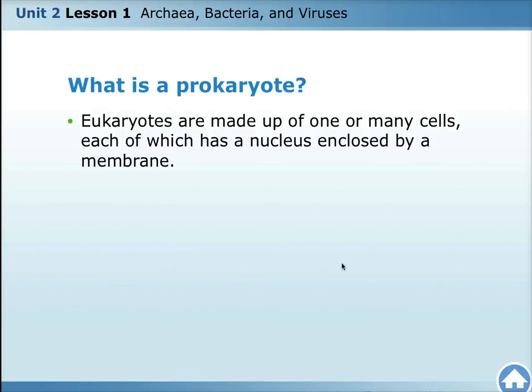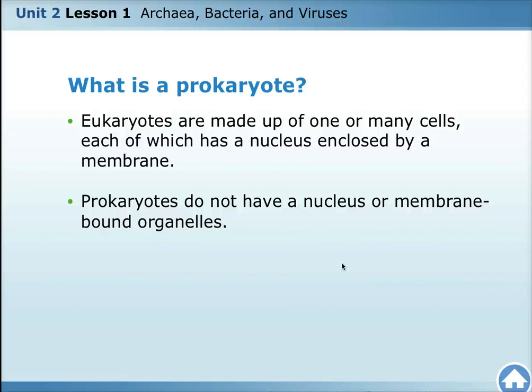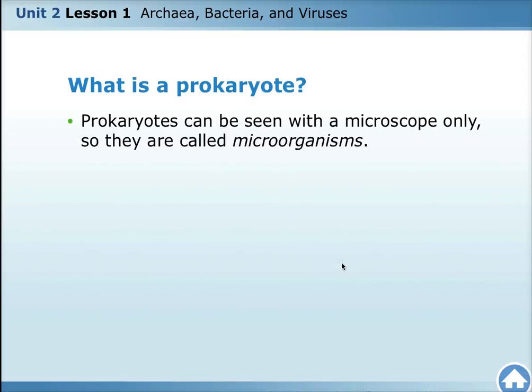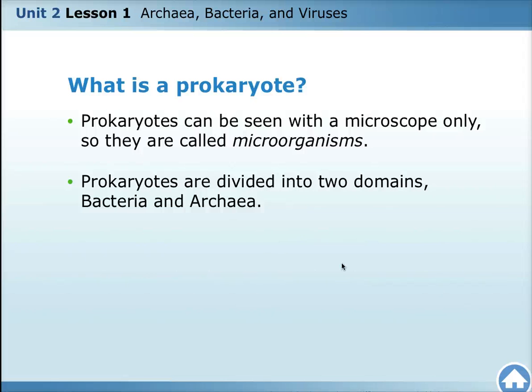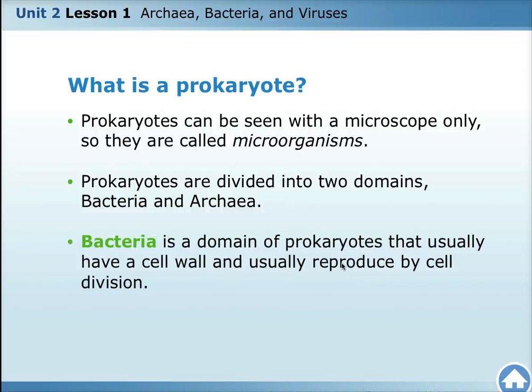Eukaryotes are made up of one or many cells, each of which has a nucleus enclosed by a membrane. Prokaryotes do not have a nucleus or membrane-bound organelles. Almost all prokaryotes are single-celled. Prokaryotes can be seen with a microscope only, so they're called microorganisms. Prokaryotes are divided into two domains, bacteria and archaea.